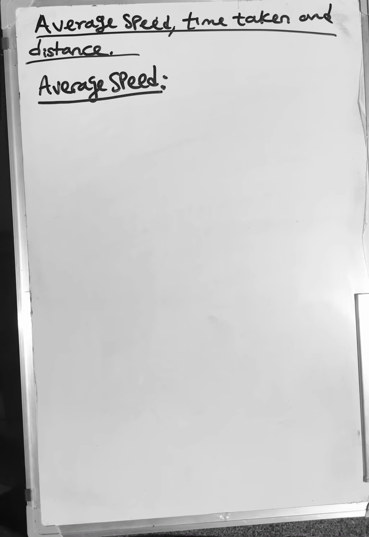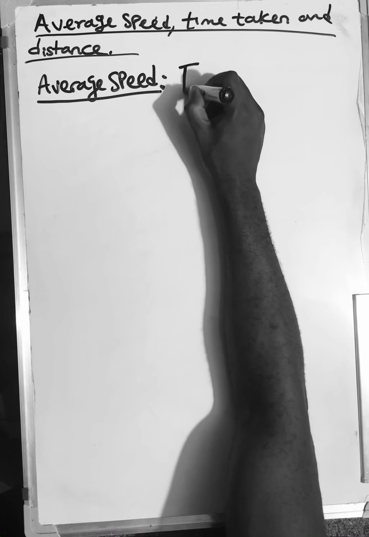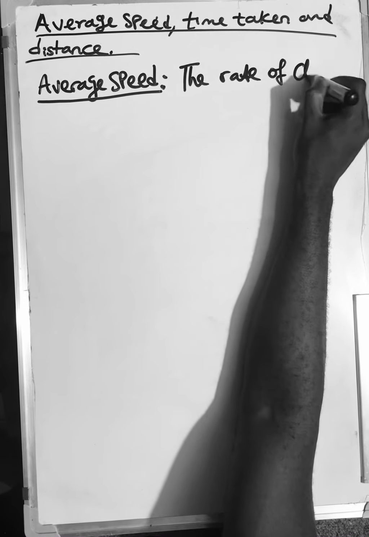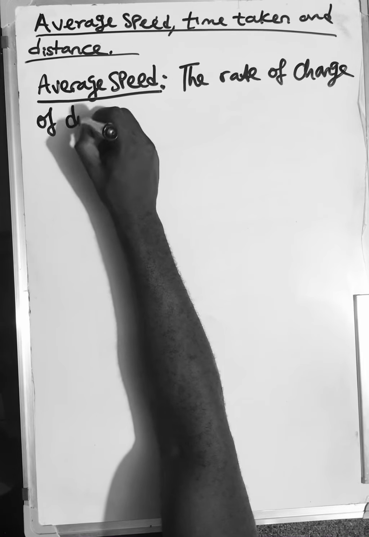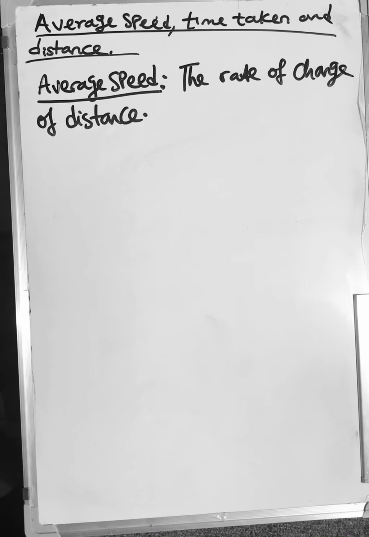So average speed is the rate of change of distance. The rate of change of distance, that is simply average speed.